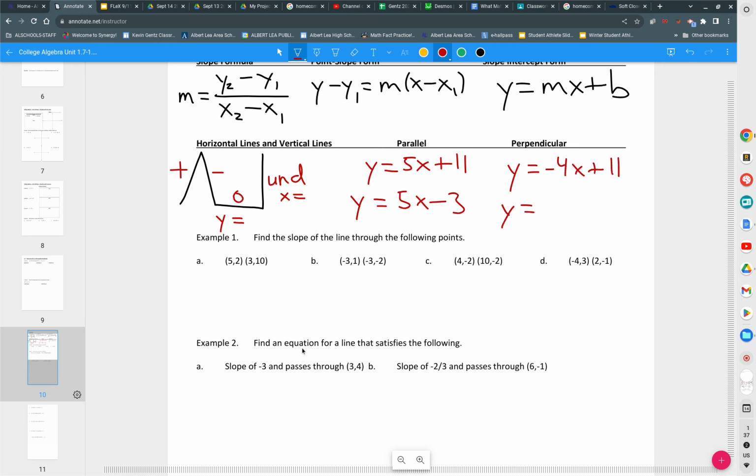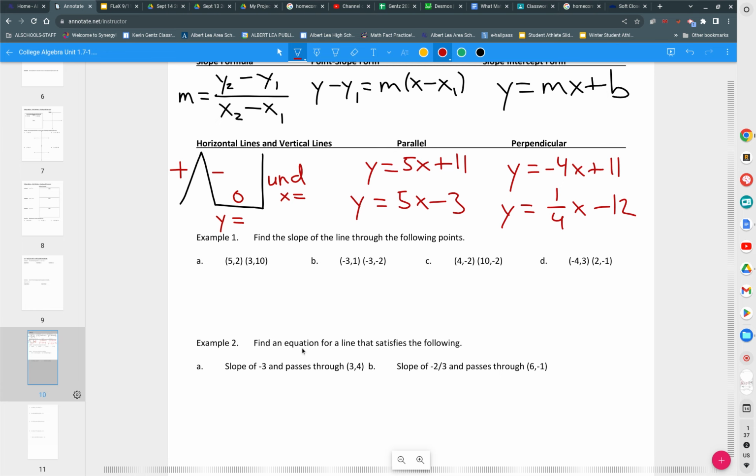Opposite and reciprocal. Opposite and reciprocal. Okay? Why is it 12? I just made something up. No matter what the y-intercept is, the slope is what determines that they are, in fact, perpendicular.